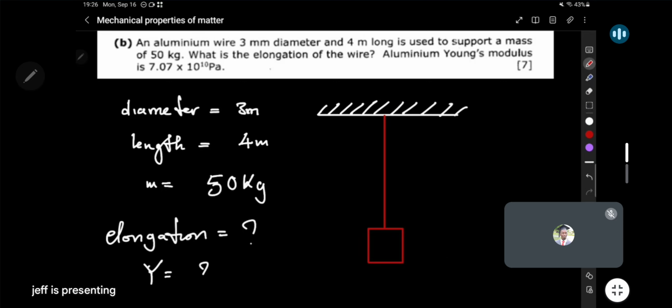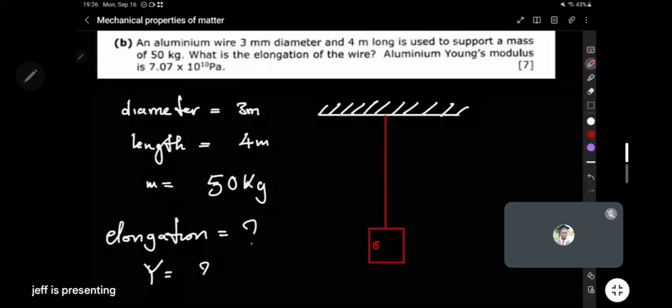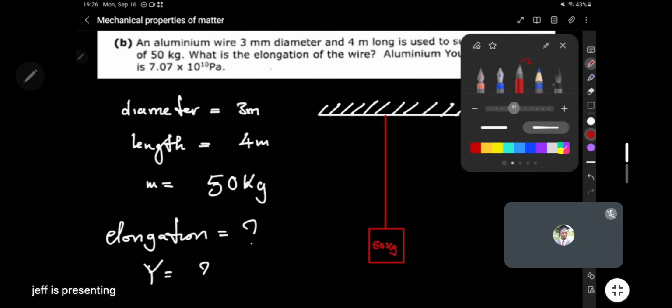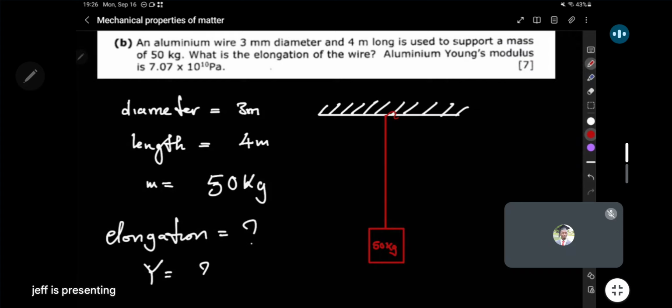Okay, so the mass here, 50 kgs. So what you have to see is that in this case, the weight of the mass is what will create a force that will be acting through our wire.